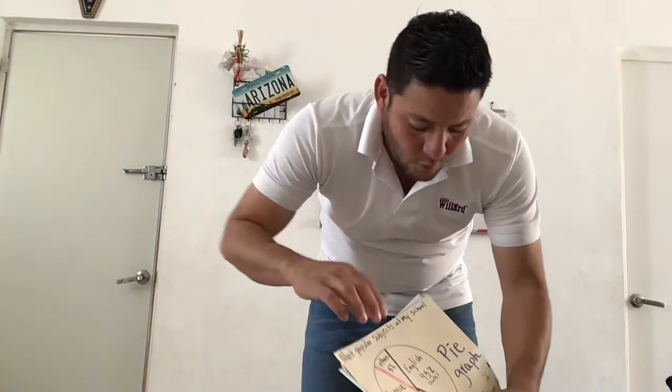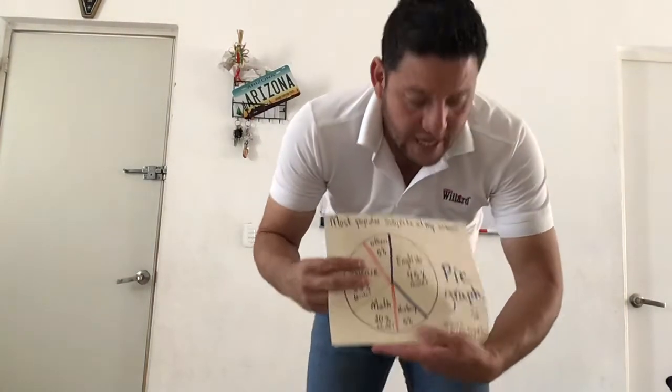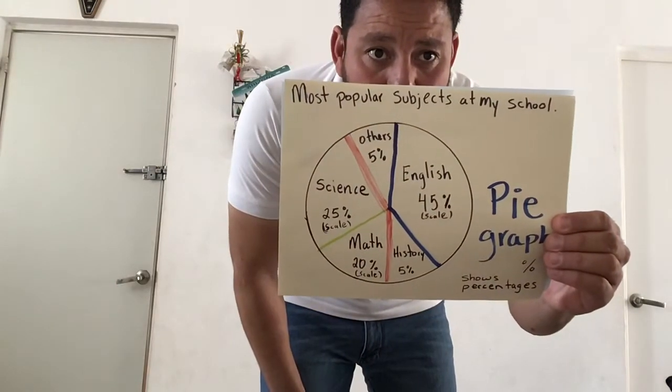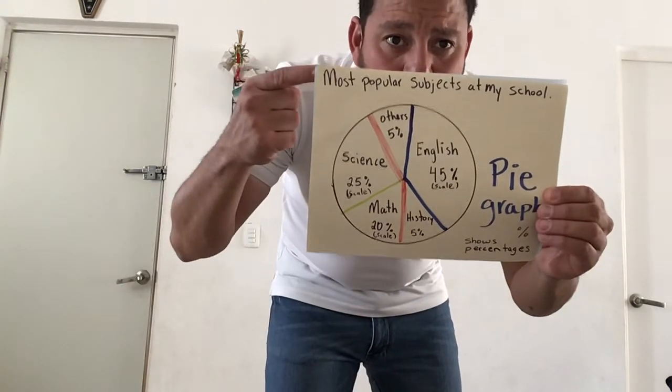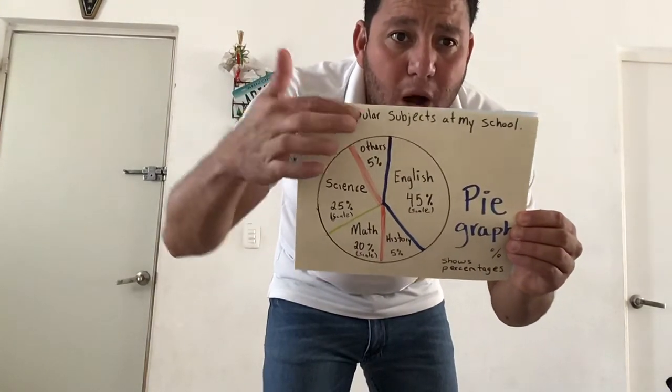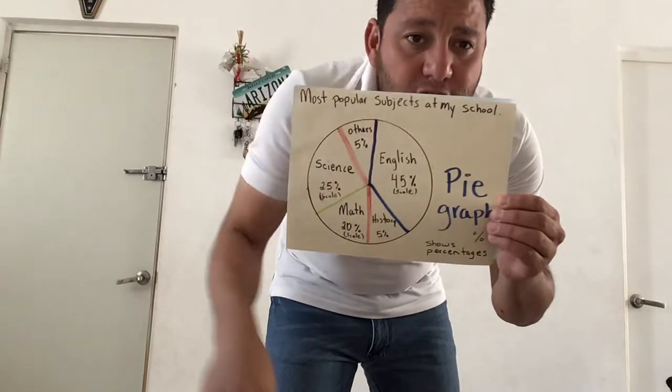Here I have 3 kinds of graphs or charts. One you could use is a pie graph. Okay? This pie graph is information or data about the most popular subjects in my school.